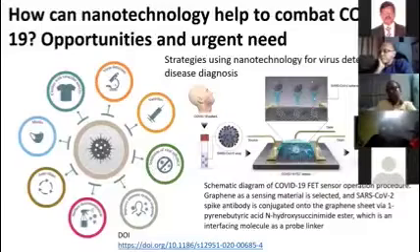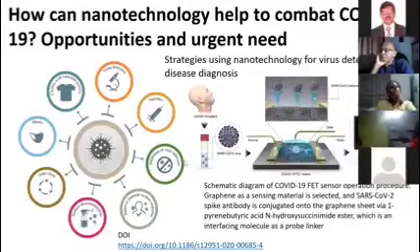And then inhibition of viral infection. Nanotechnology can be used straight away to inhibit viral infection. And also nanotechnology can be used in many other ways, like improving the immune system response, and also surface decontamination.